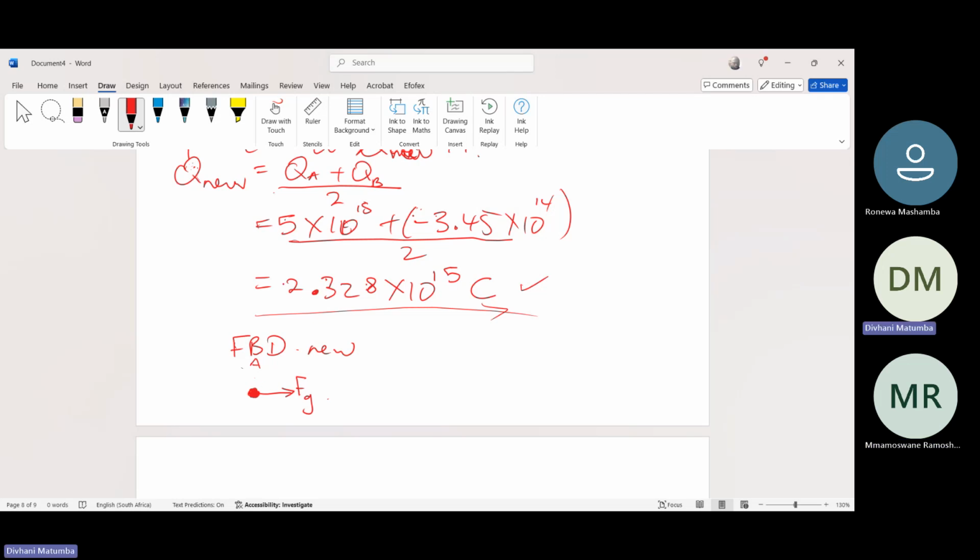Remember the new charge, each sphere will now have positive 2.328 times 10 to the power of 15. That's the new charge for both spheres. Oh, so will it not be to the left because it's repelling from B? Yes.